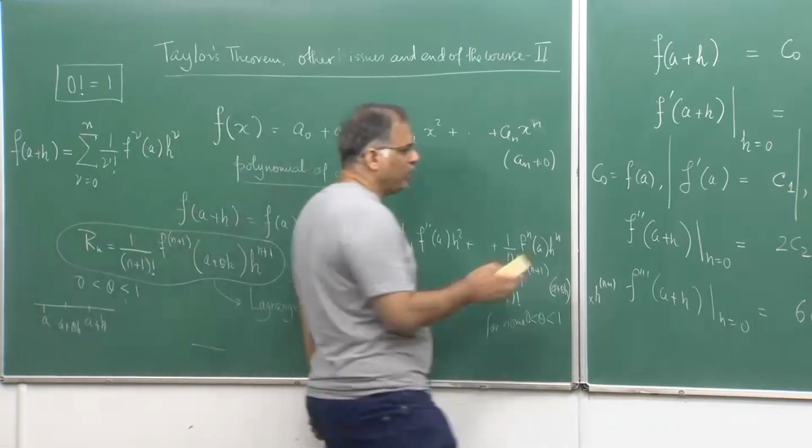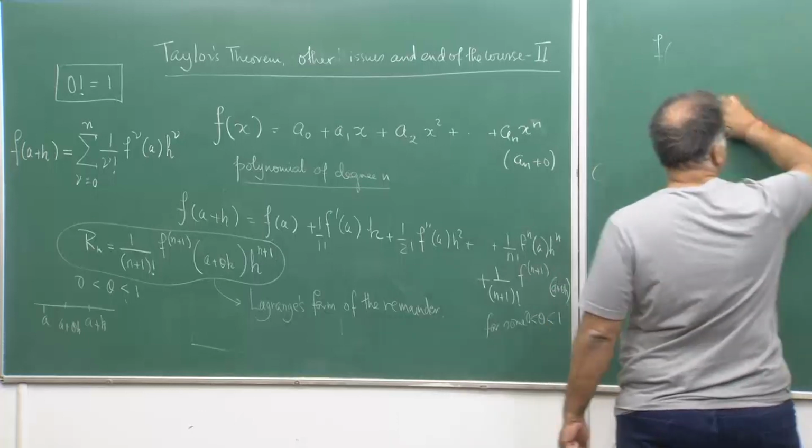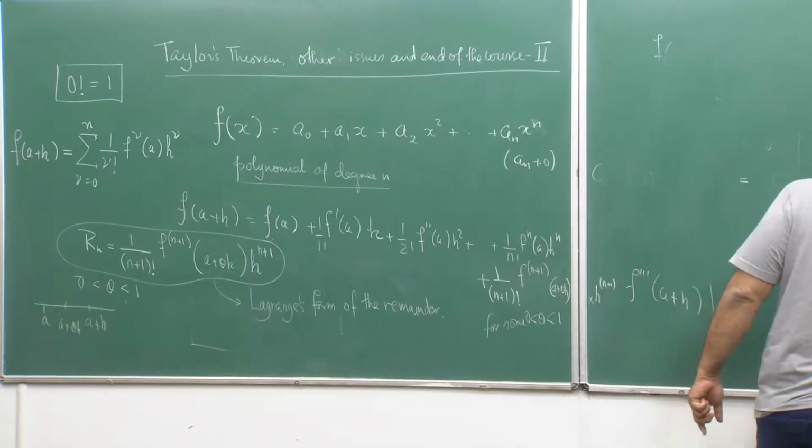So what would happen now? How do I know that this sequence, is there any condition under which this remainder term would actually go to 0?